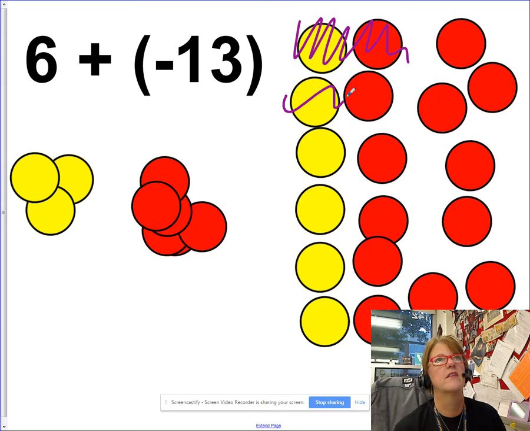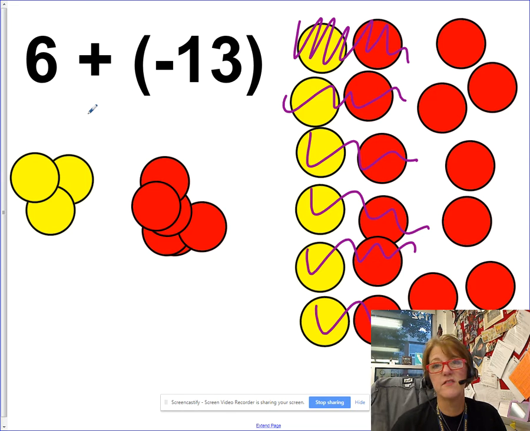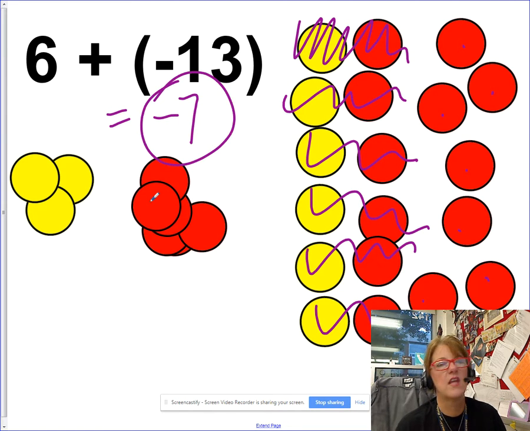Boom, there's a pair, there's a pair, there's a pair, there's one, there's one. So all of my positives got wiped out, mainly because if you take a look at how many negative counters you have, there's 13. So of course there's more of those guys, specifically 7 of them, but there's 7 negatives left over, and that's where you have to go.